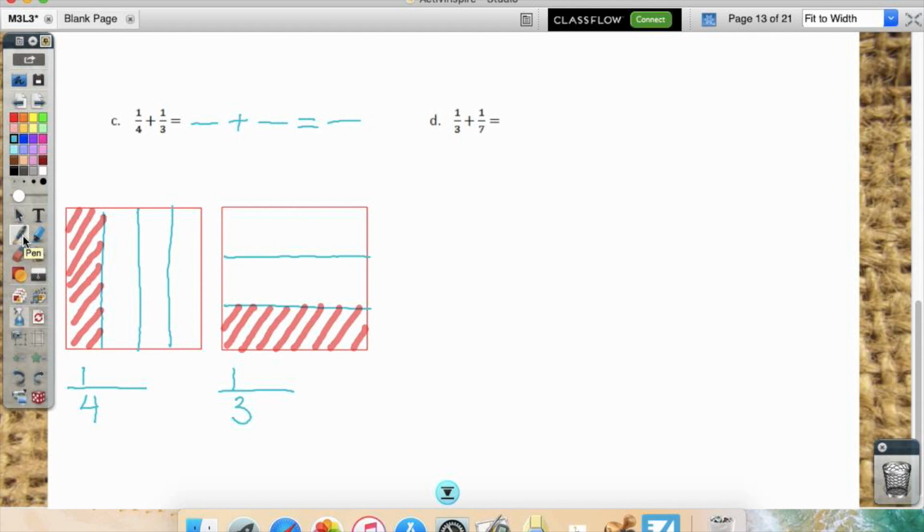So table 2, what's your common denominator for 4 and 3? 12. How'd you get it? 4 times 3, good. Okay, so get all this written down.